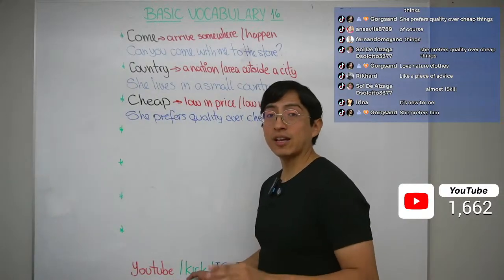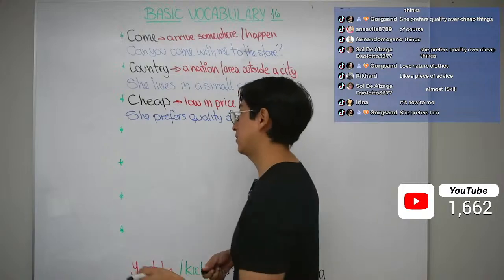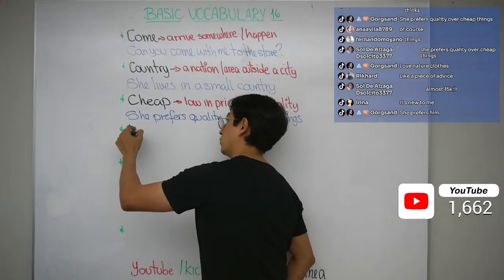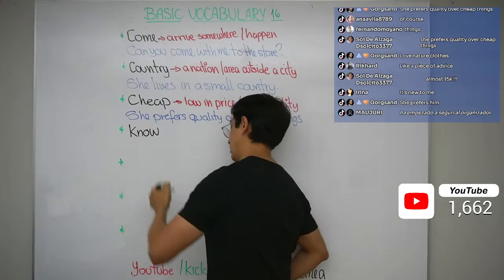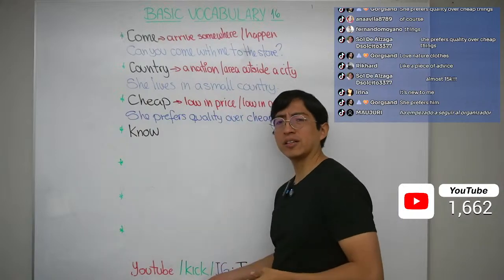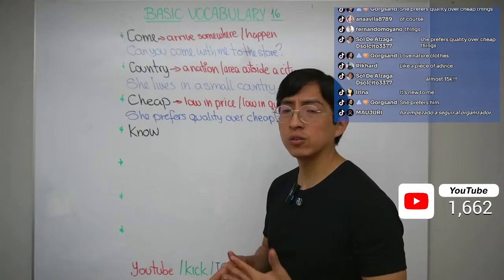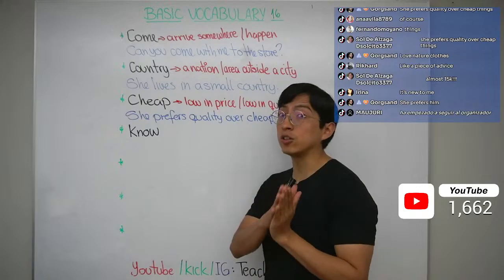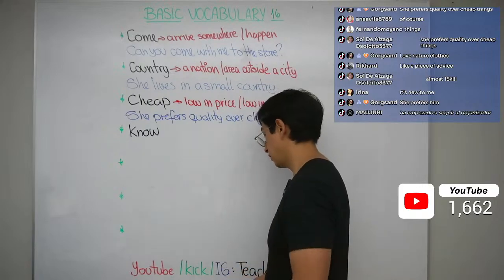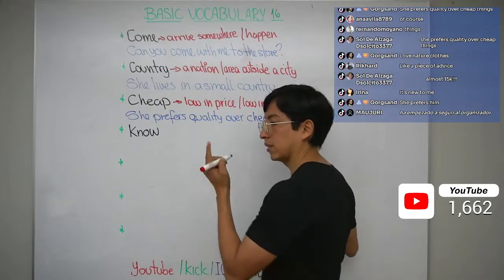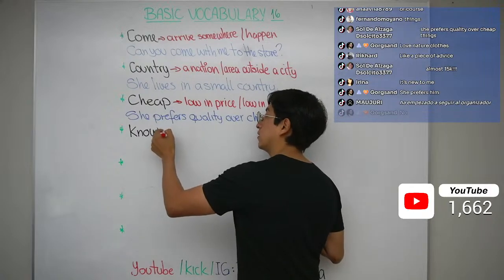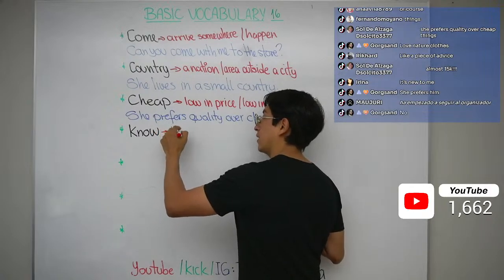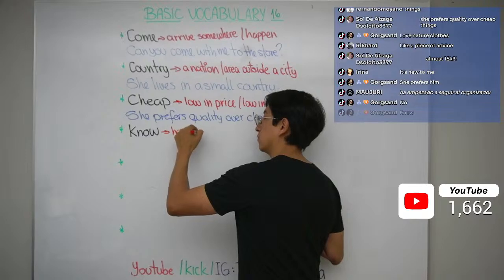Okay, guys. Let's continue now with the next word. It's know. This is a very common word that we always use, but people sometimes don't use it correctly. So, what does know mean? Number one, it means to have information.